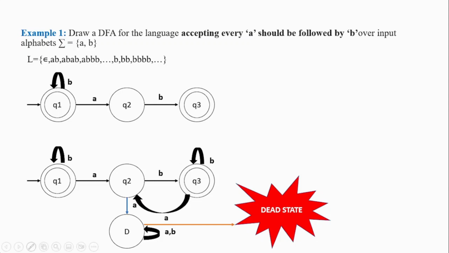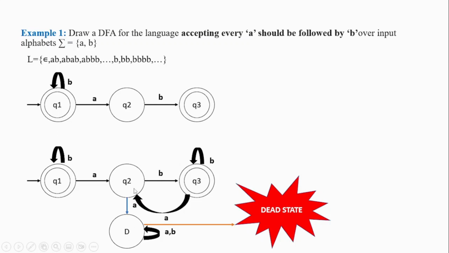Then it will enter into this state. From here, if it sees A, then it will enter into this state Q2, because after seeing one A, we don't know what the next alphabet will be. After seeing A, it is in the state Q2. Now, if it sees B, it will be in the final state. If it sees A, it will be in the dead state.